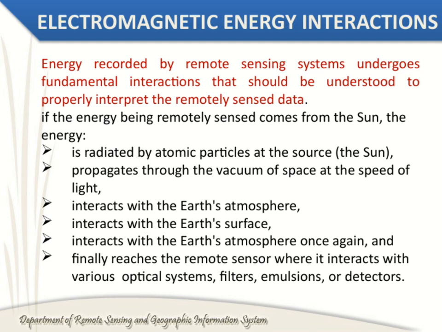Here, it interacts with optical systems, filters, emulsions, or detectors, which are designed to capture and measure this energy accurately. Understanding these interactions is crucial because they influence the data we collect and, ultimately, how we interpret that data. Recognizing how energy is modified at each stage helps us better understand the information we're analyzing and ensures more accurate remote sensing applications.